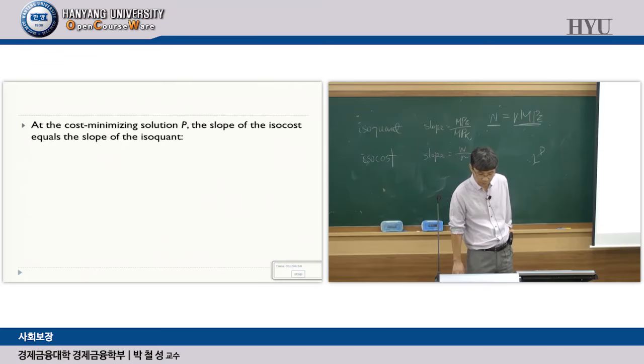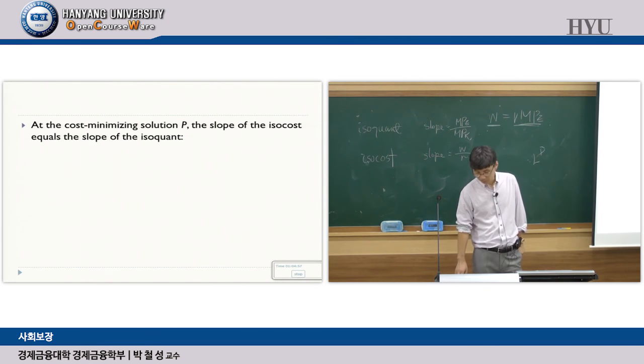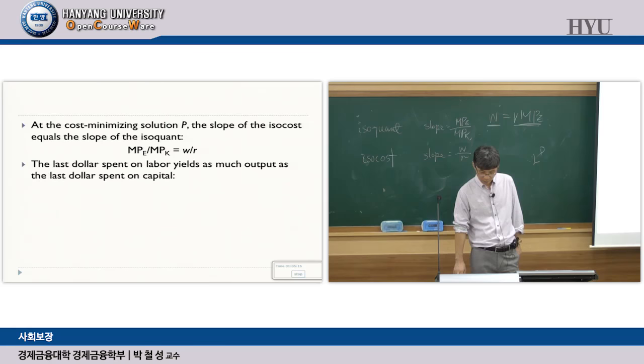So, with the cost minimizing solution P, the slope of the isocost equals the slope of the isoquant, or MPL over MPK equals W over R. That is the cost minimizing combination.